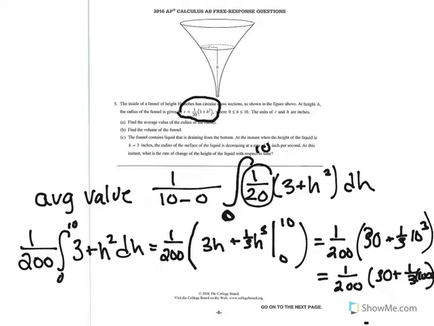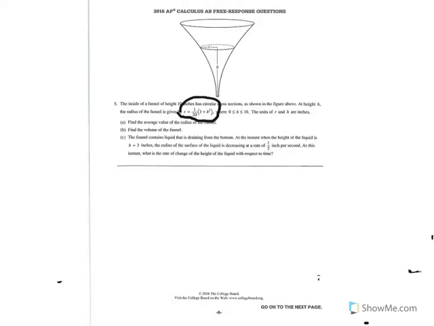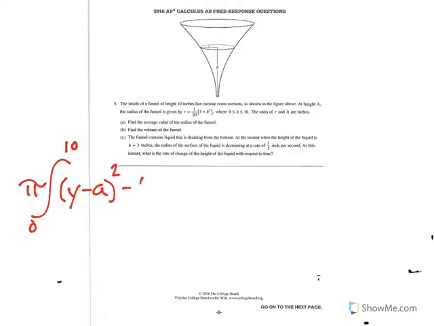The next thing is, and this one's a little tricky, because is this a cross-section or is this a volume of rotation? So look at the shape, and we know it makes the outside edge. So this one is going to be a volume of rotation. So it's going to be pi times the integral, probably from 0 to 10, of the outer curve squared minus the inner curve squared.